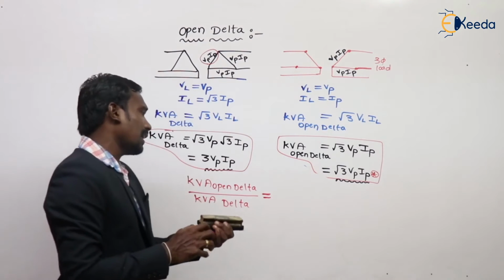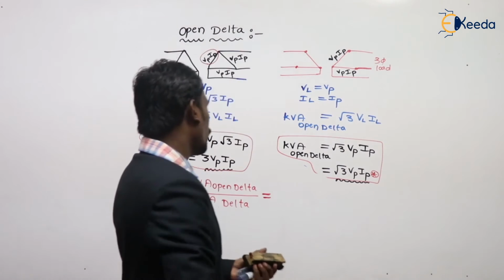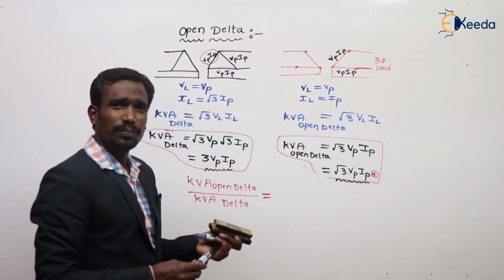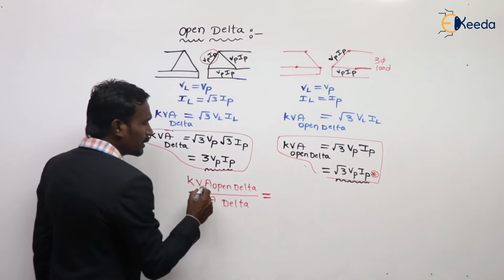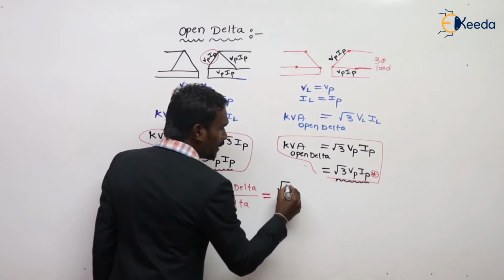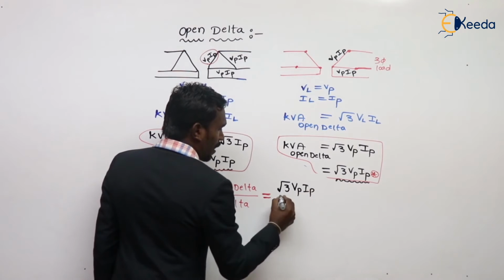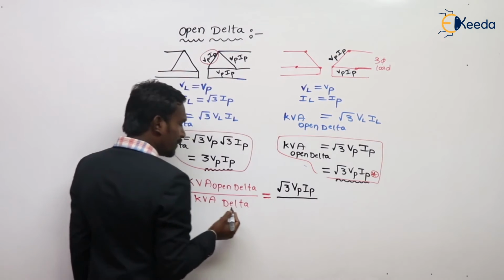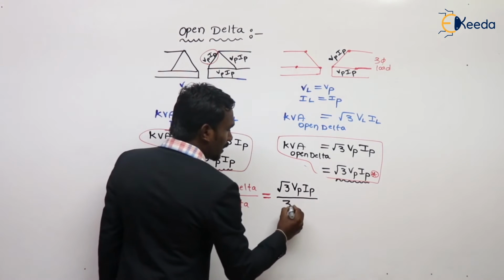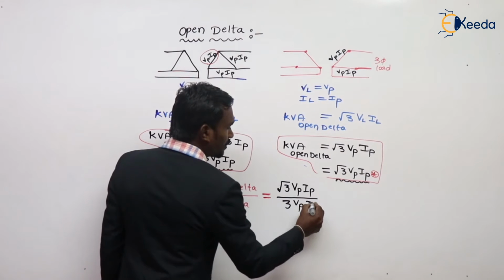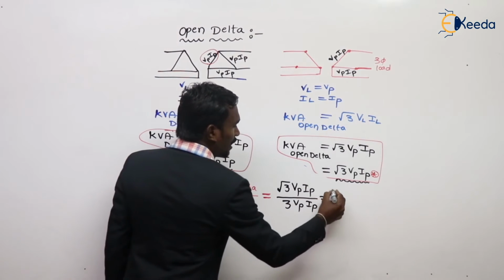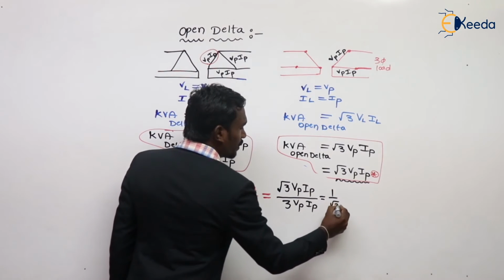Tell me, sir, the load kVA of open delta is how much? Root 3 times V phase I phase. And the load kVA of delta is how much? The kVA of delta is 3 times V phase I phase. So the answer is 1 by root 3.